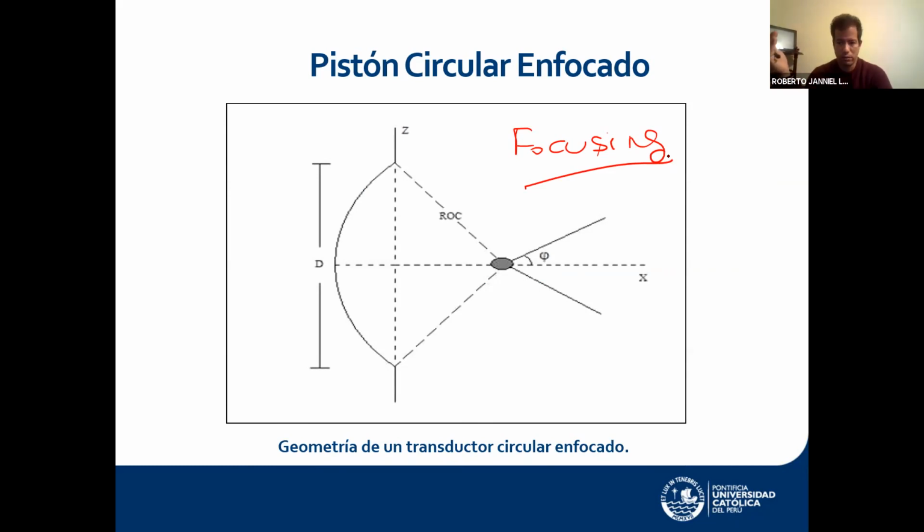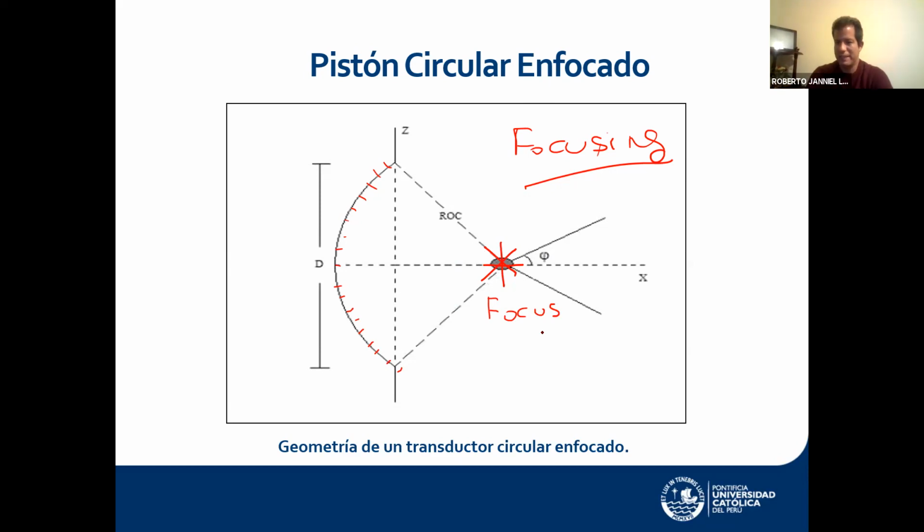And in short, what it means is the following. If I actually curve the shape of my transducer such that every point in the surface of the transducer is at the same distance of a point in space that will receive the special name of focus, right?